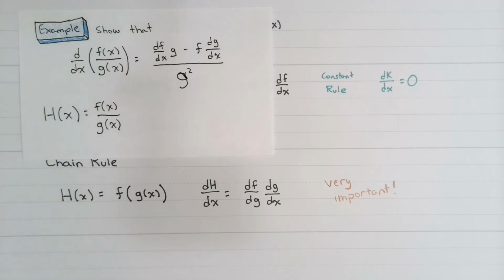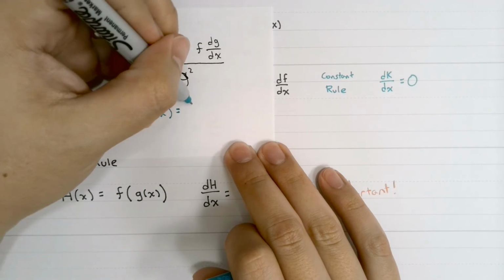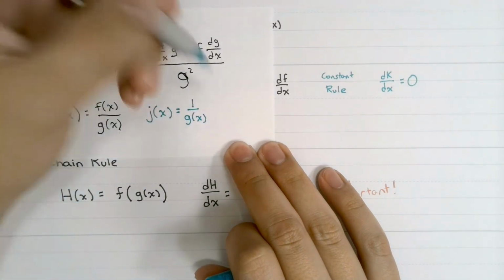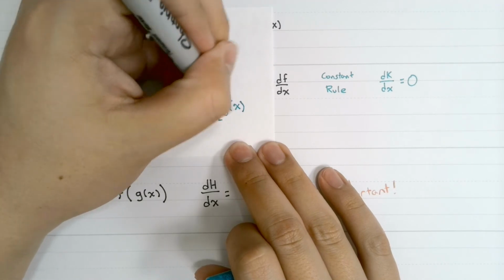And the derivative of h with respect to x is equal to the derivative with respect to x of f over g. Now we can actually express this in a different way so that we can apply the product rule to it. Let's define a function j, which will be equal to g to the power of -1, or simply 1 over g. In this case, j is also a function of x.